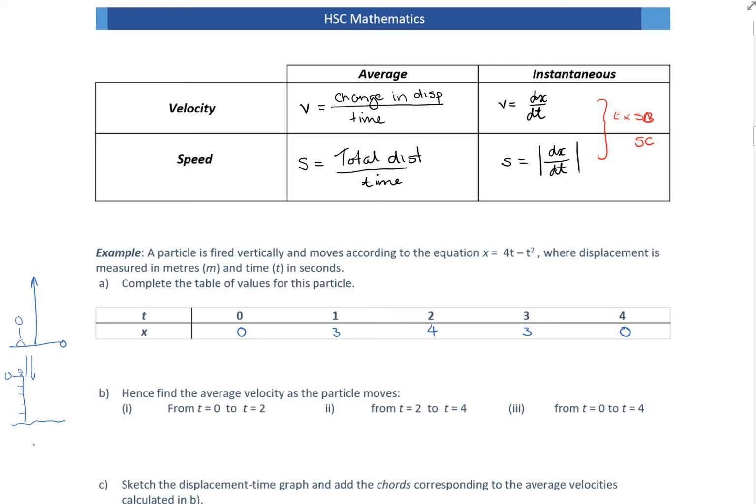Could be the same as if the particle was fired from in the water. When it returns down, it goes under the water, and you could get negative values.